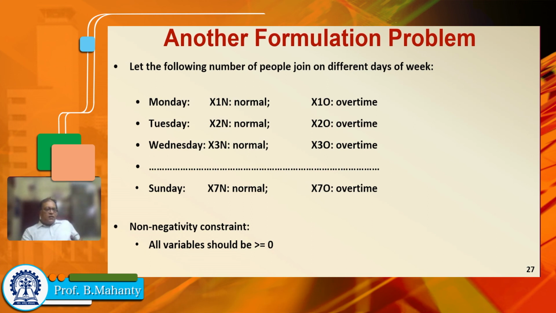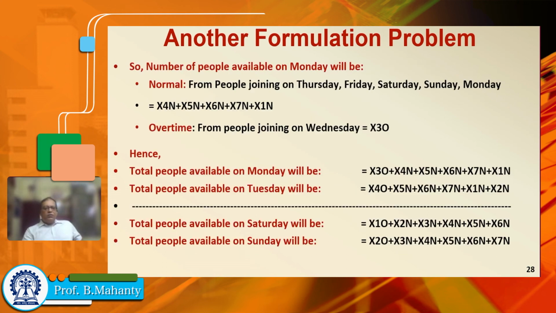Is it not? Suppose you don't want to make it like that, then on all other days we have to also add the corresponding O. That means total people on Monday would be X3O plus X4N plus X4O plus X5N plus X5O. So that is another way of looking at it. All right, so the problem can be seen from two different sides.